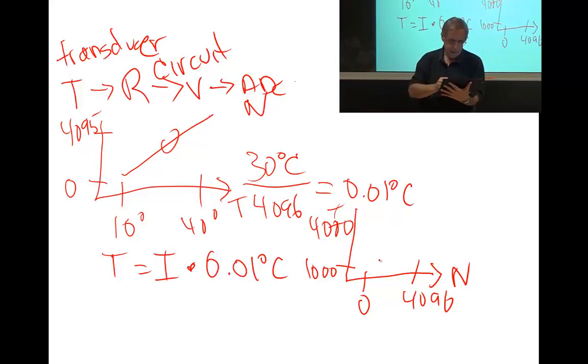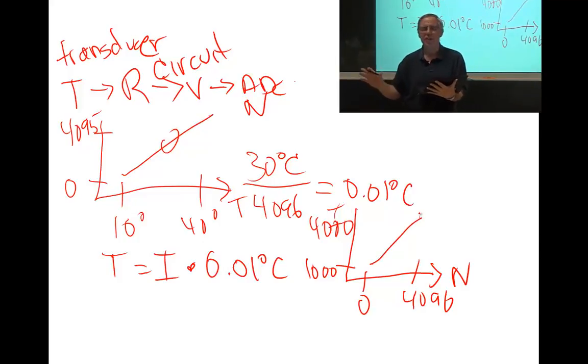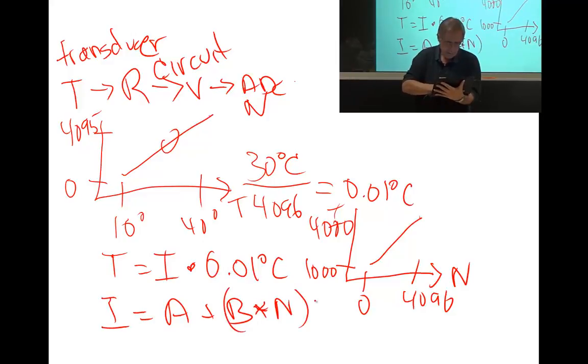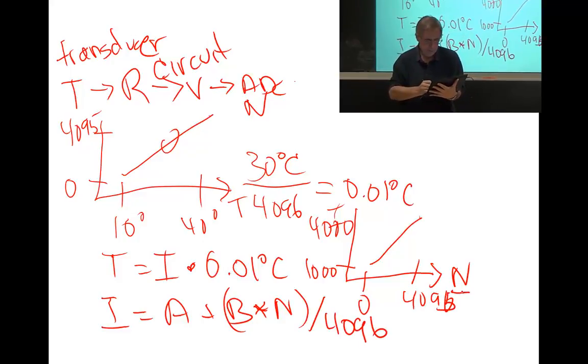And so I'm going to need this mapping here. And again, I could figure out the theoretical thing. I don't care. I'm going to use a calibration and convert I equal A plus B times N divided by 4,096. And that was obviously 4,095 right there.